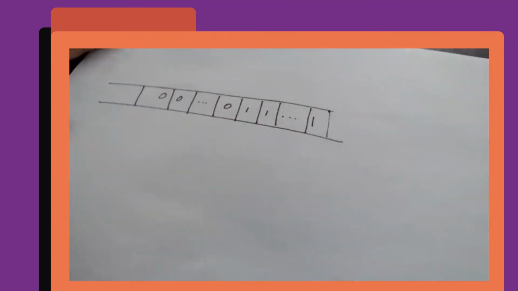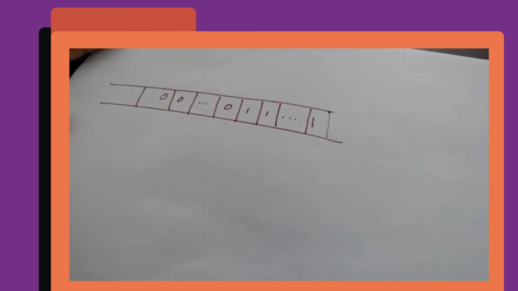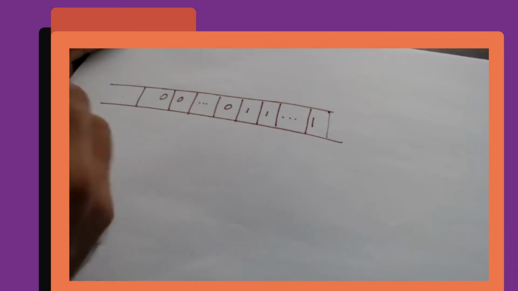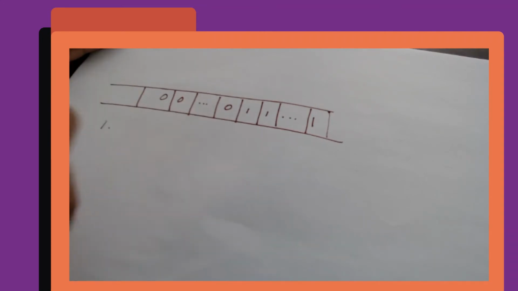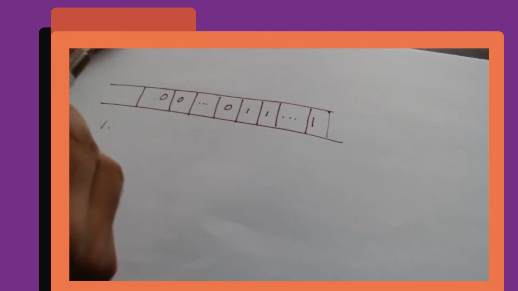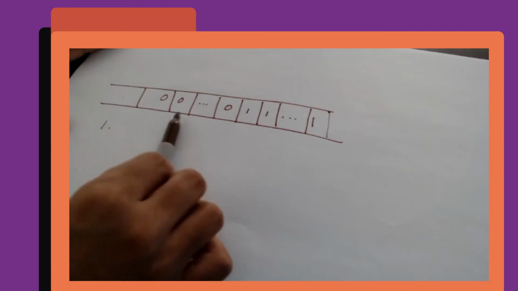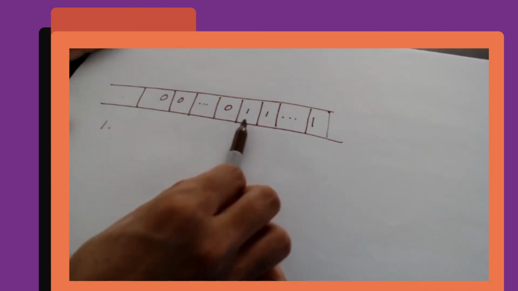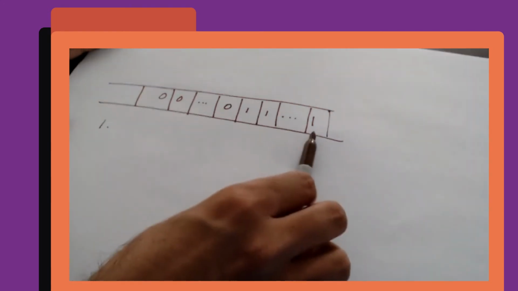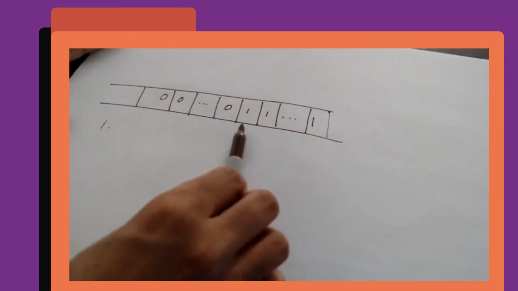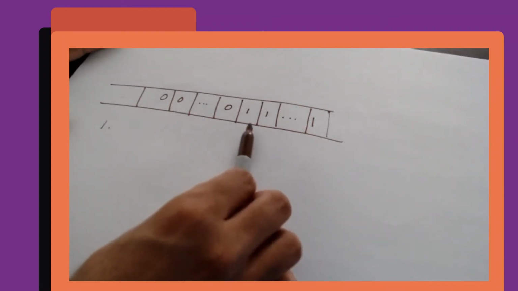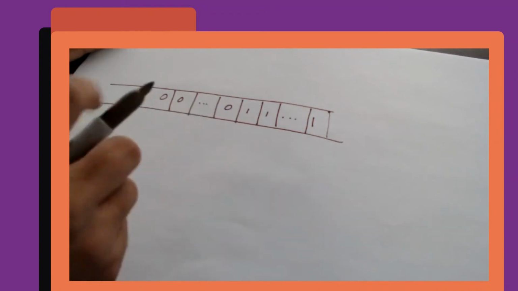And now we have to run the algorithm M1 on this input. Step number 1 is that the algorithm is going to check whether all the zeros are before the ones. Or in other words, no zero should occur after a 1 has occurred on the tape.